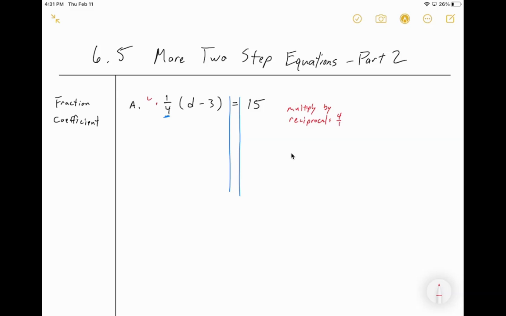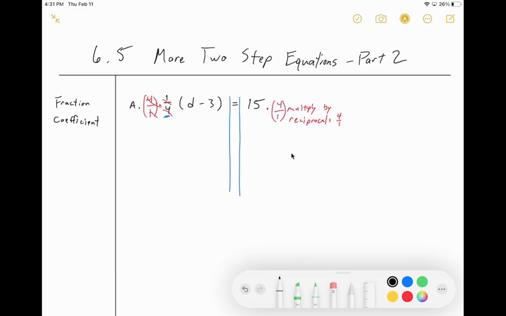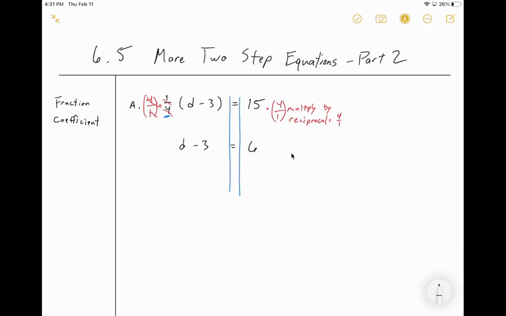Why do I want to multiply by 4/1? Well, multiplying by 4/1 will cancel out the 4s, cancel out the 1s, and all I'm going to be left with is d minus 3. Now I do 15 times 4/1, which is 60.